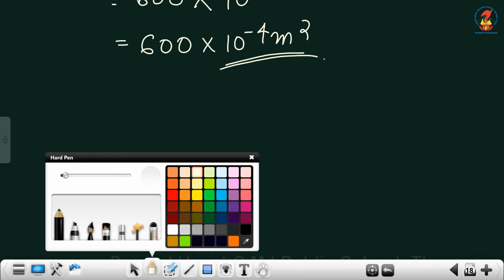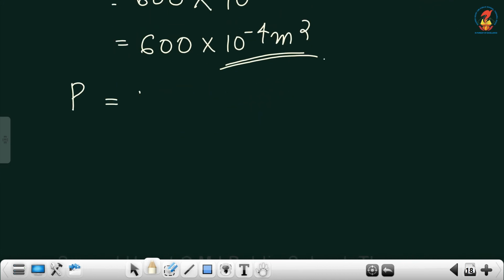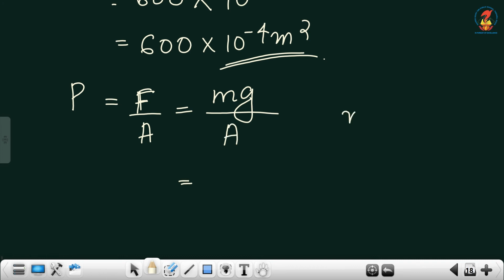Now, to find pressure, the formula is F by A. F is not given, so we use the formula to find F. F is equal to mg. The mass is 300 gram itself, since it is an identical block.